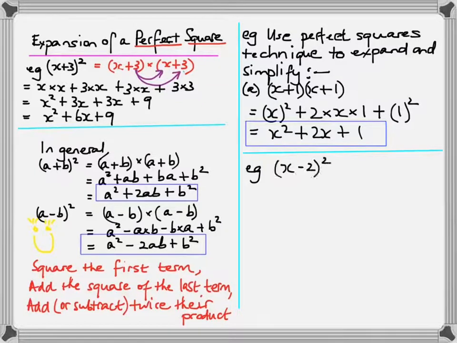Okay, let's try another one. Now this one's got a minus sign in front of the 2, so we have to be careful with that one. And this is what I like to do. I like to put all of the signs exactly where they go. In other words, I like to put a plus in front of the x, and I like to add the 2 terms, but the 2, I call that negative 2, all squared, okay?